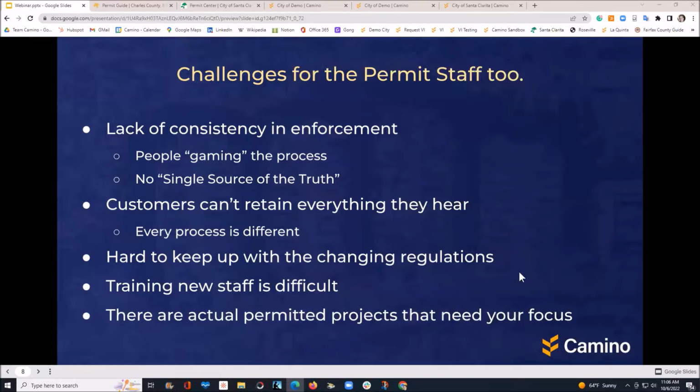But the challenge is that there are still the actual permitted projects you need to focus on, right? I've been talking with some cities and counties. One county in Florida said 50% of their time was spent answering residents' questions on projects that haven't even been applied for yet. 50%.